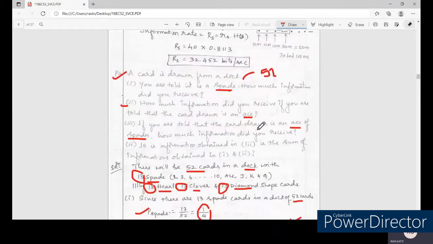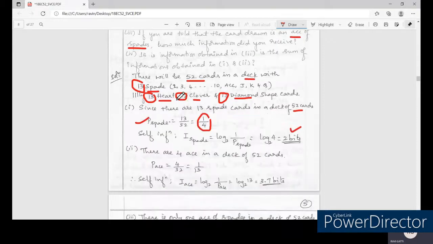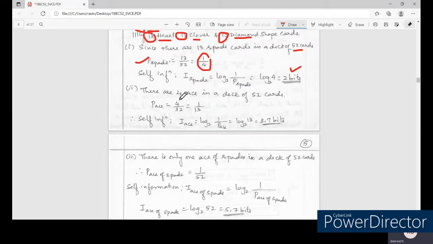Okay, the second one. What is the second one? They have told: how much information did you receive if you are told that the card drawn is an ace? Now let us see how many ace cards we have in the given 52 cards. Ace in spade, ace in heart, ace in clover, and ace in diamond. So there are 4 ace cards among 52 cards.